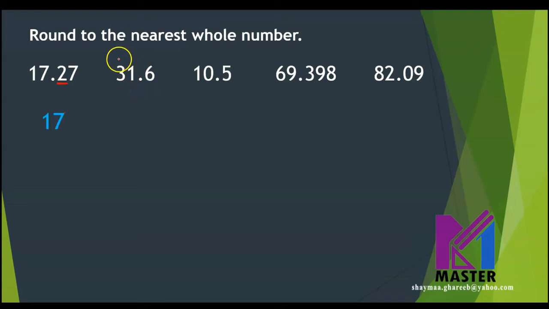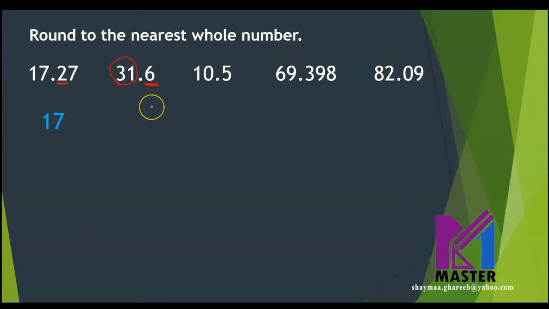31.6. So I need to round the 31 to the nearest whole number. This is what I'm going to round. Am I going to round it up or down? According to the digit in the tenths place, or the first decimal place. So 31.6 will be rounded up because this digit in the tenths place is 5 or more.